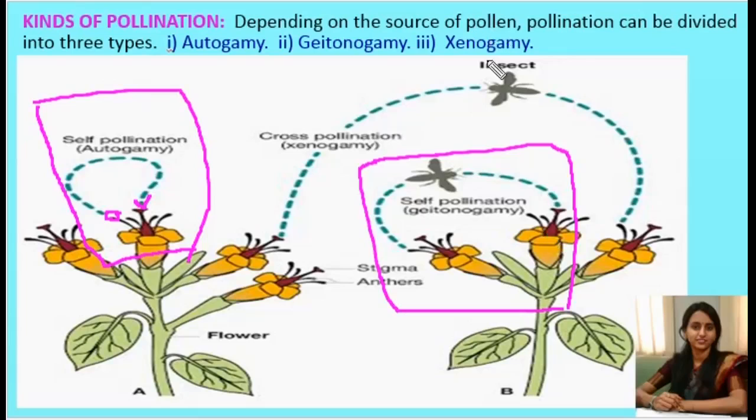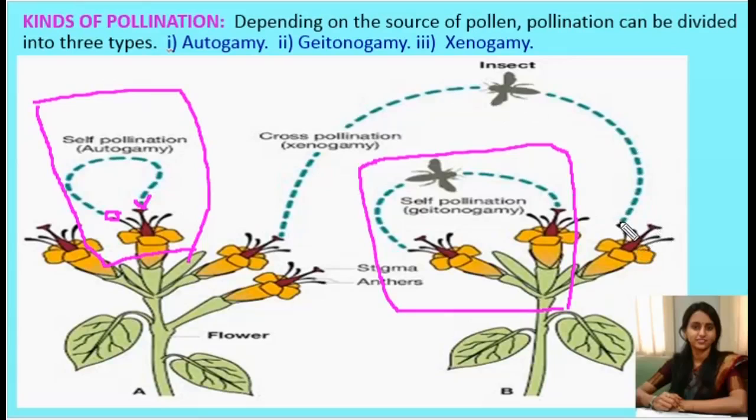Then the third one is xenogamy. Xenogamy is cross-pollination because the transfer of pollen grains takes place from the anther of one flower to the stigma of another flower, and this flower is present on a different plant.